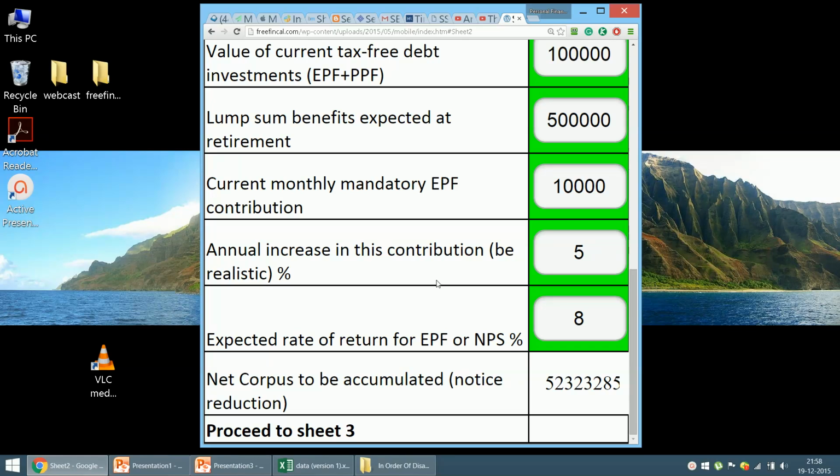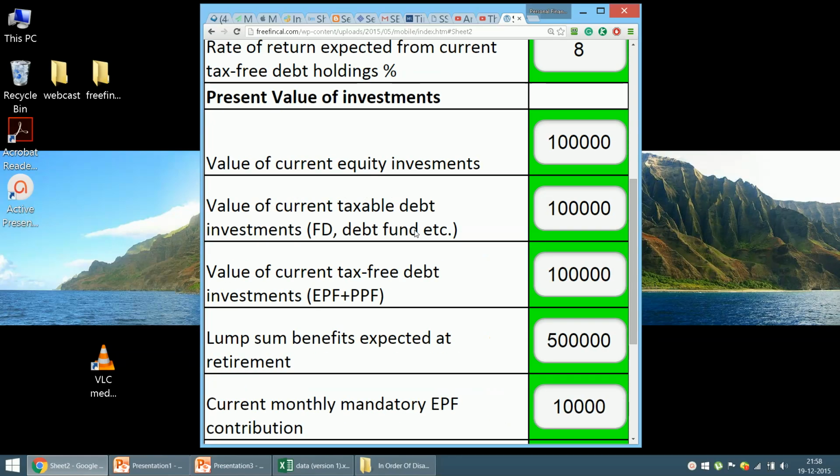So it's reduced by about 1 crore. So your present net worth will also grow in value from now to retirement. So that's taken care of. So the net corpus required is only about 5.2 crores. Well, I say only, but that's relative.